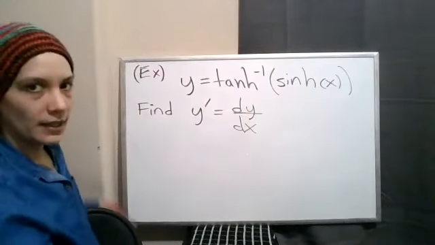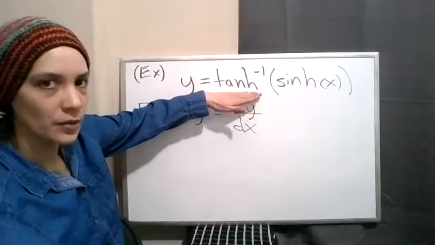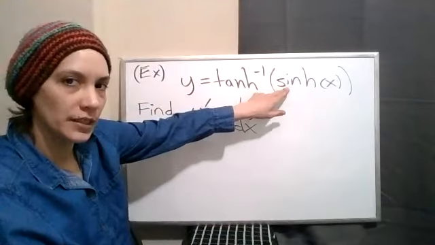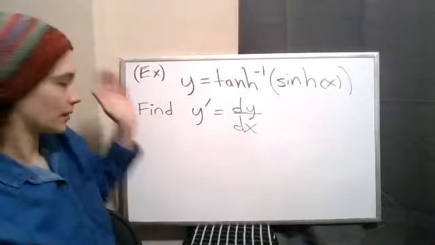So it's a chain rule again. This is your outer function. So we'll do the derivative of this, multiply by the derivative of the inner function, and I think we'll be good to go after that.